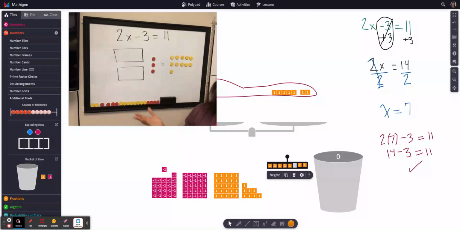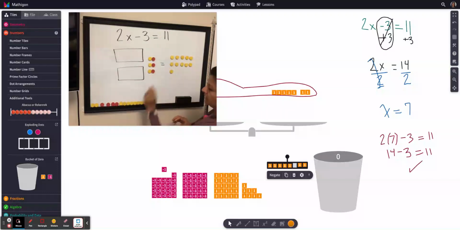And how many more positives do I need over here than negatives in order to have a total of 11 at the end? Well, I need to be able to combine what's in here with these -3 and end up with positives. So I know that I'm going to need at least 3 extra positives currently than what I have over here in order for them to make a zero here, right?